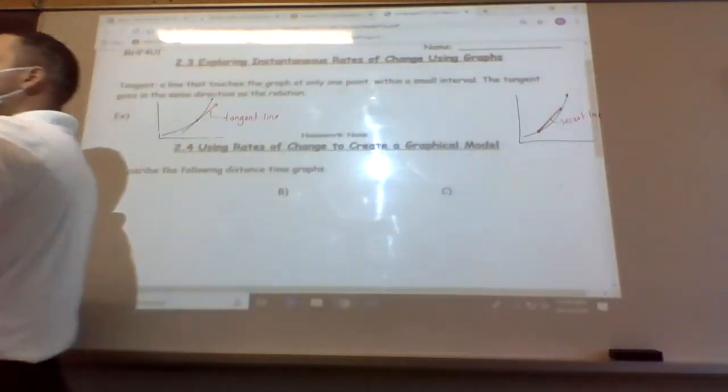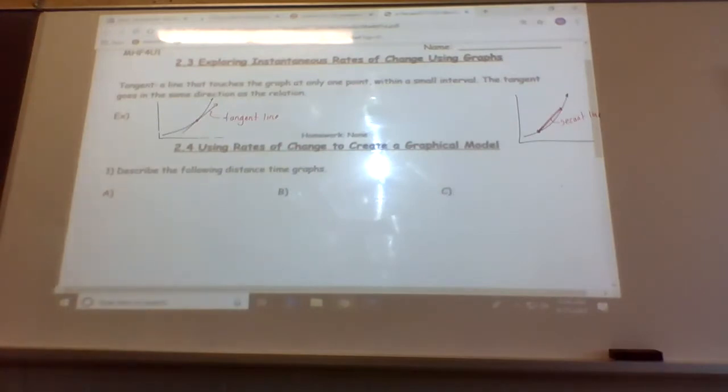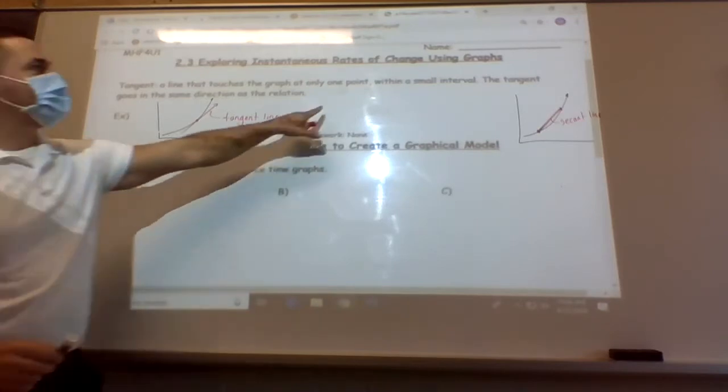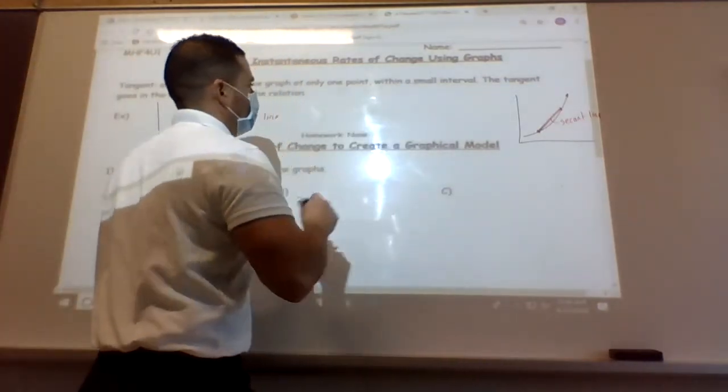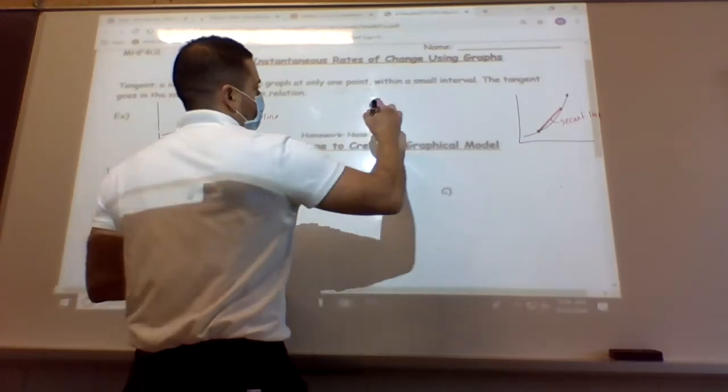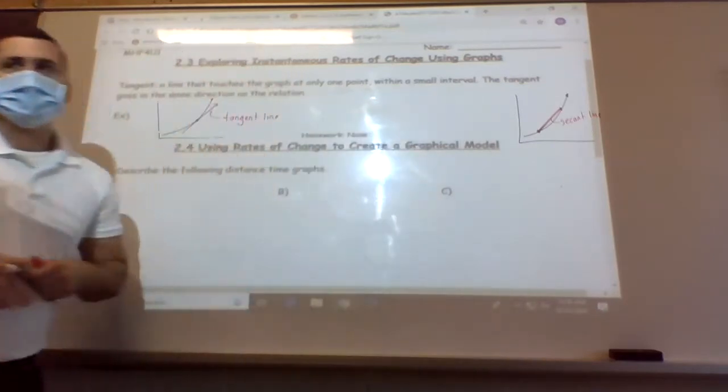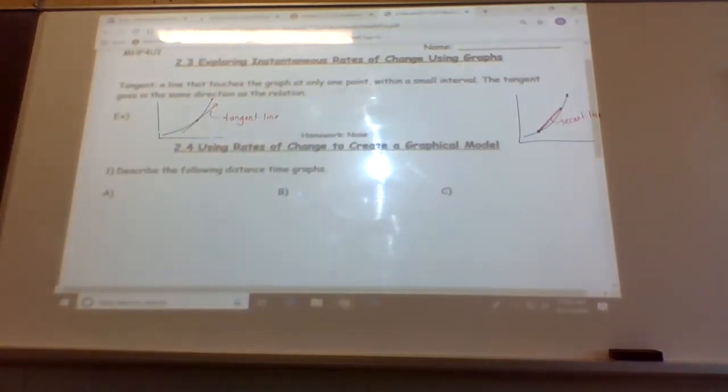So secant is multiple points, two points, so it's an average. Tangent line only touches the graph at one point. And I'll explain why it says within a small interval. I'll give you guys a minute.